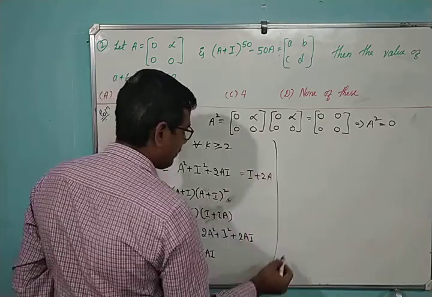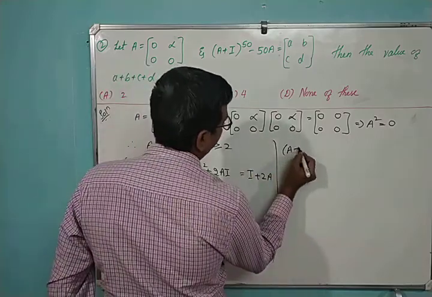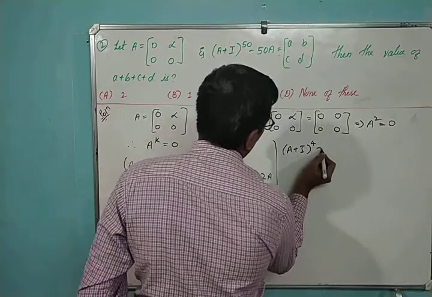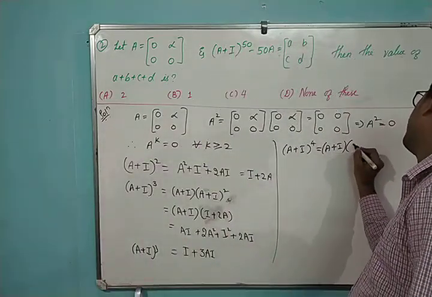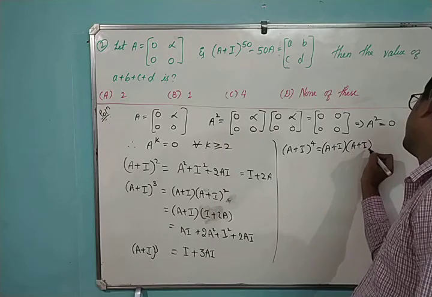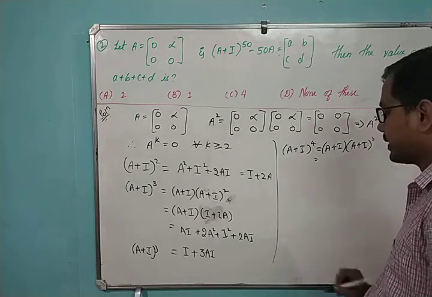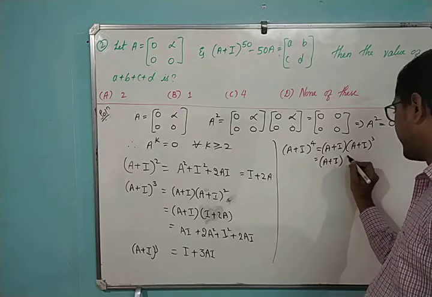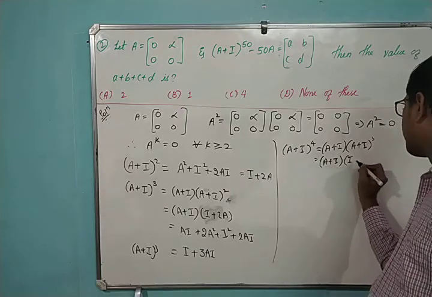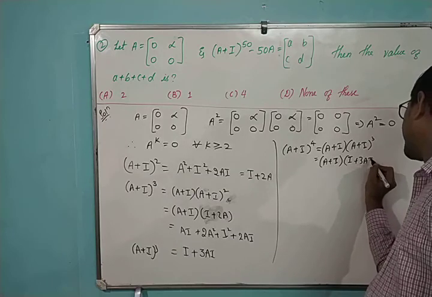Now similarly, if I want (A + I) to the power 4, I can write it as (A + I) into (A + I) cube. So this is (A + I) into (I + 3A).